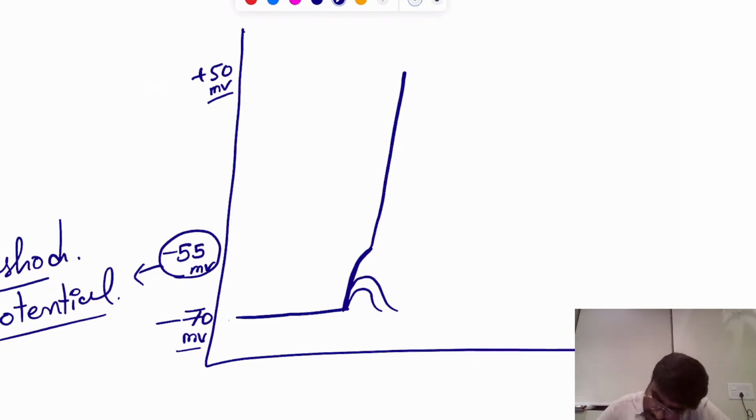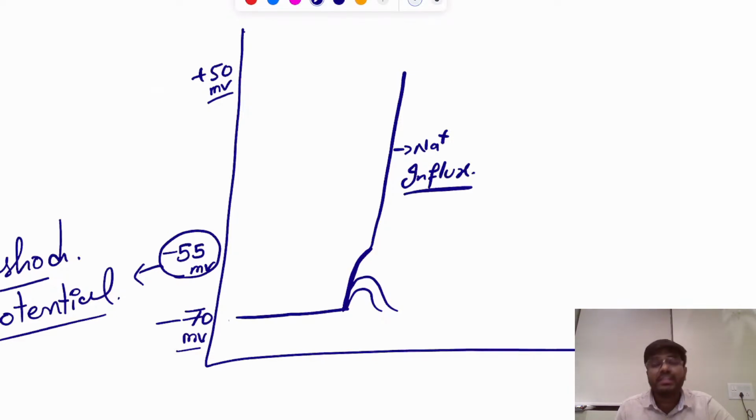This stage is called depolarization, and it is because of the influx of sodium ions.